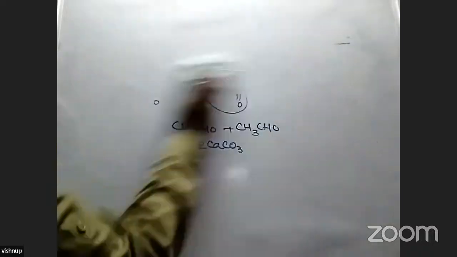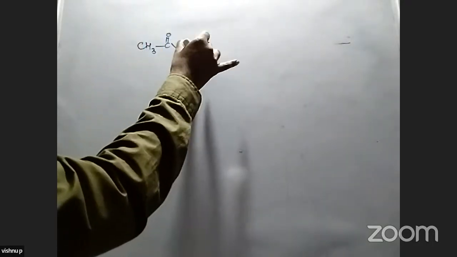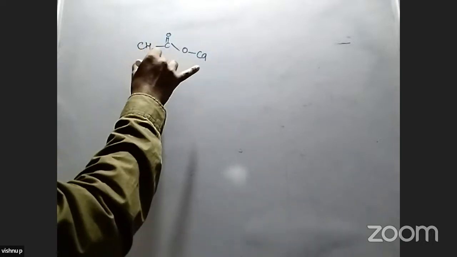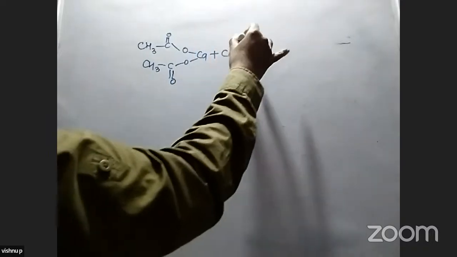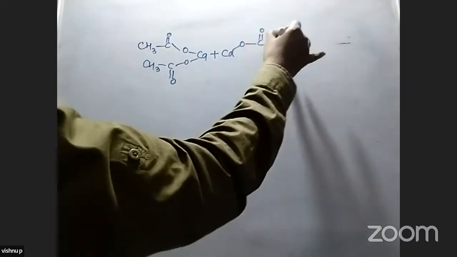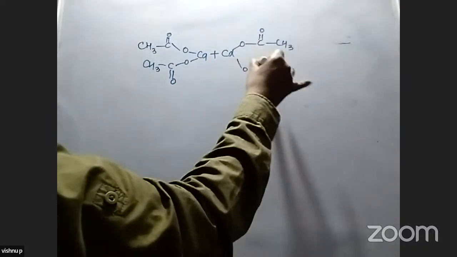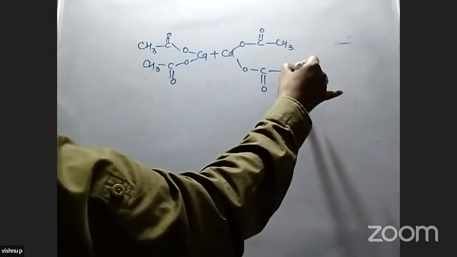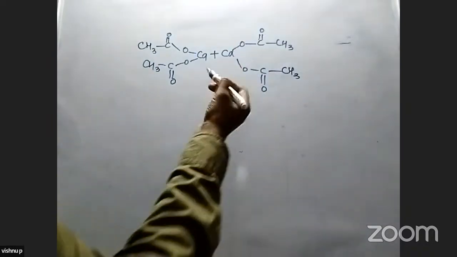Now, try to solve this example. So here we take 2 moles of calcium ethanoate or calcium acetate. So find out what type of compound is formed in this reaction in the distillation process. Try to solve this example.